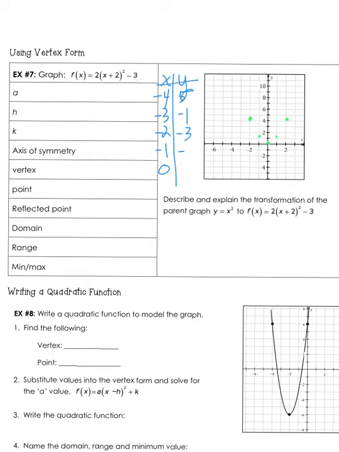And there's our first reflected point. Finally, 0 plus 2 is 2, squared is 4, times 2 is 8, minus 3 is 5, and there's our second reflected point. So I'm going to plot those values.